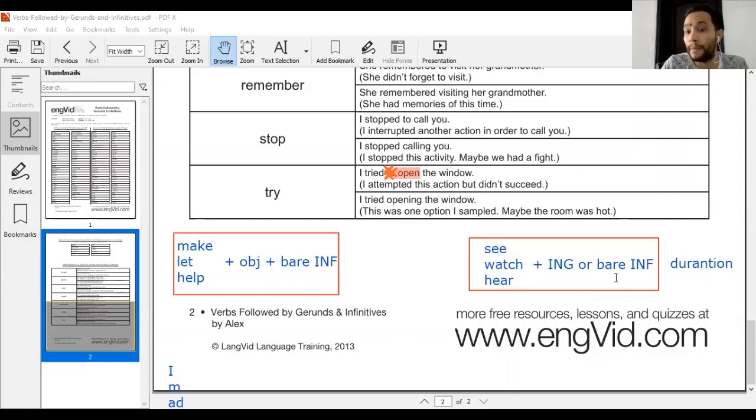Pero si lo digo con bare infinitive, fue por un largo periodo de tiempo. All right? So let's write up here. Brief. Here, long. Right? Brief for the ing and long for the bare infinitive.